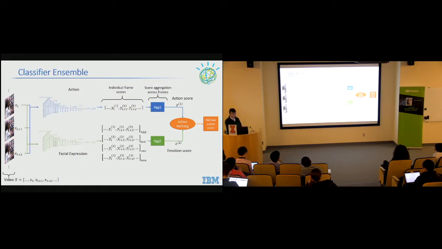Therefore, we have an array of frame scores Y_T corresponding to a whole video clip, and each array of Y_T is fed into aggregation modules to create a score Z, which corresponds to the whole video. And we have another action refining step to combine the emotion score with the action score to have the final refined action score.